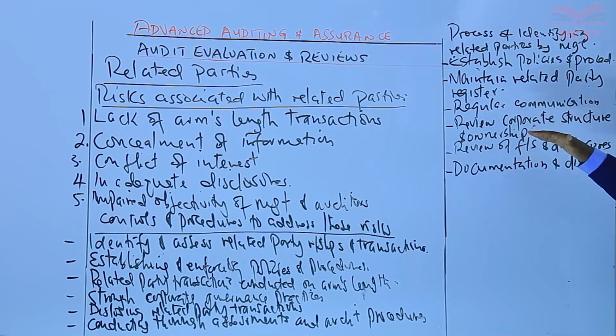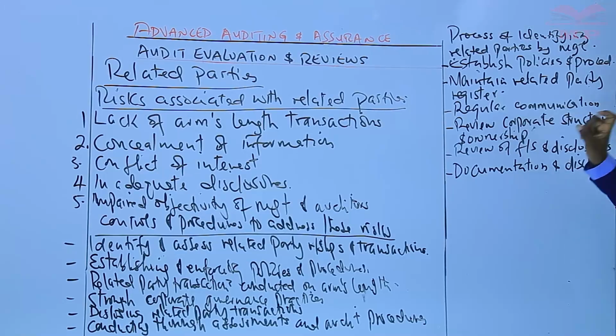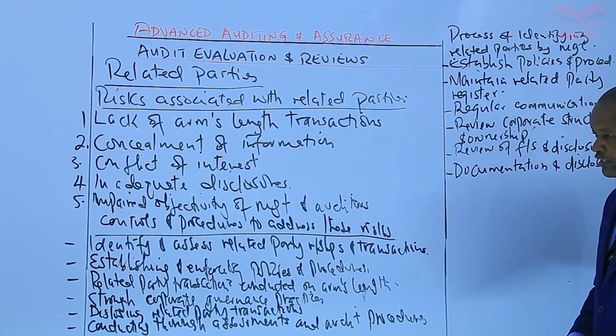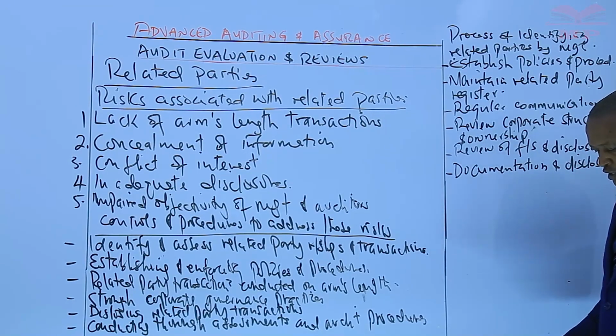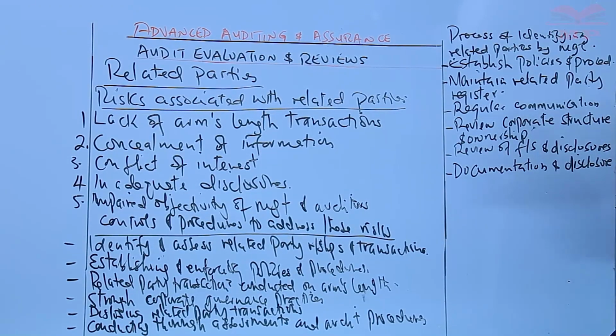I've said it is the role of the management to identify related parties and not the role of the auditor. So now we've done that bit. We now move on to disclosure of related parties in the management representation letter.